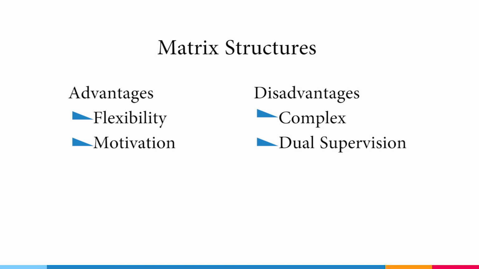The matrix approach provides a great deal of flexibility in approaching projects. Project teams can be formed and disbanded quickly without the need to hire and lay off additional staff. Project goals in a matrix structure are clear, and people can easily see their contributions to the project. For these reasons, people are generally highly motivated in a matrix structure. A disadvantage of the matrix structure is that it can result in internal complexity.